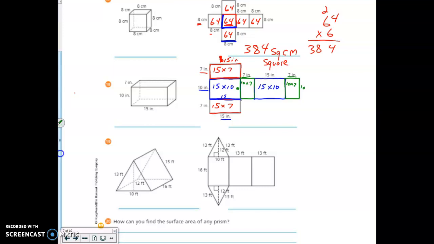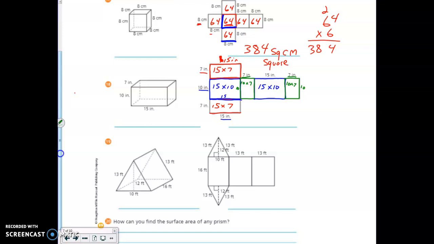All right? So now, we don't really get to use the multiplication piece as much in this. So we could still take those areas of the 2 reds and either add them together or multiply 1 by 2. We could take the blue ones and find 1 and multiply it by 2. We could do that, or we can simply add these numbers together.